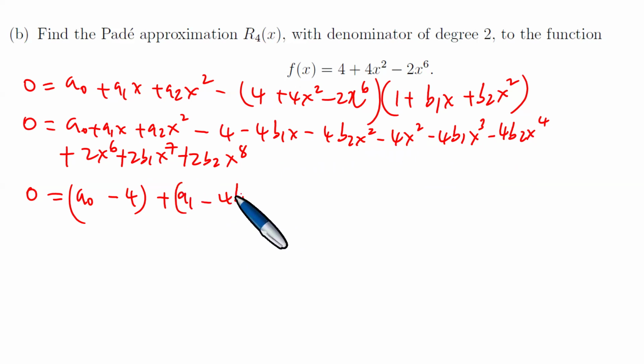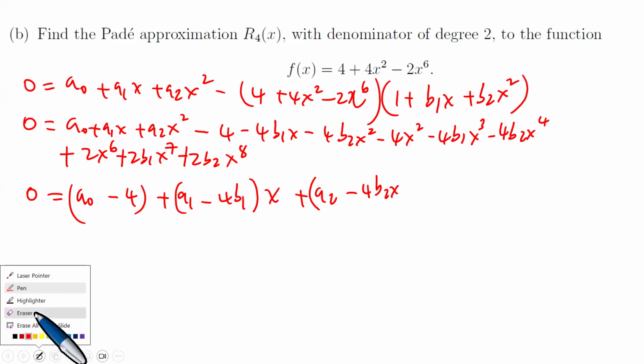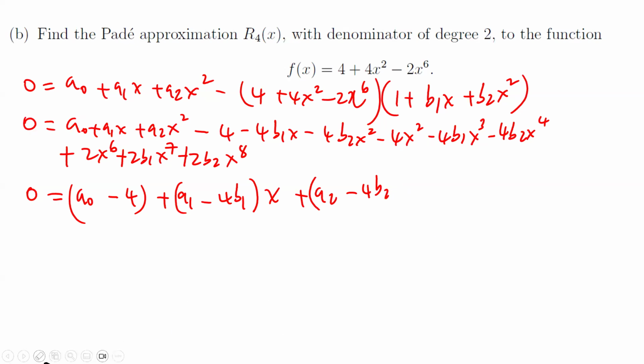Then we'd have the quadratic terms. A2, and right after the A2, you would have the minus 4b2, minus 4b2 for the x squared, minus 4.